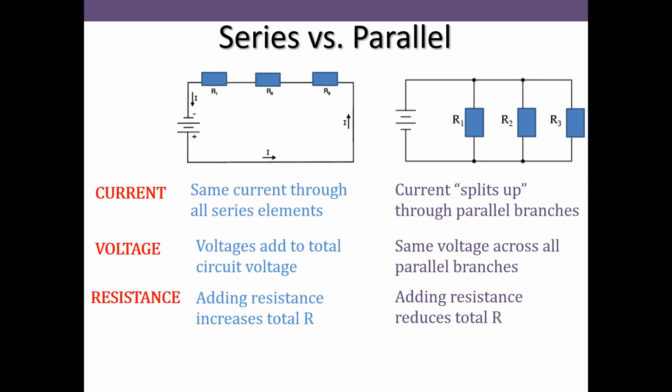For the parallel, it is the same voltage across the parallel branches. So R1 will have the same voltage as the battery, R2 will have the same voltage as the battery, and R3 will have the same voltage as the battery. The resistance in series, you add them up. And for the parallel, you need to use that formula that I showed you. Because you've got the resistance in parallel, the resistance will be reduced.